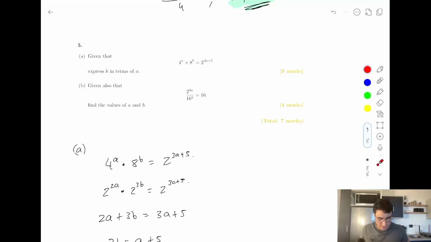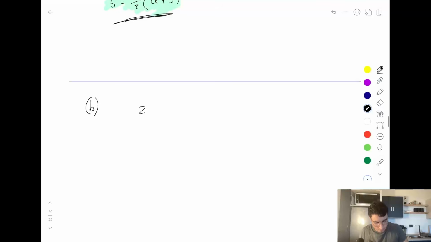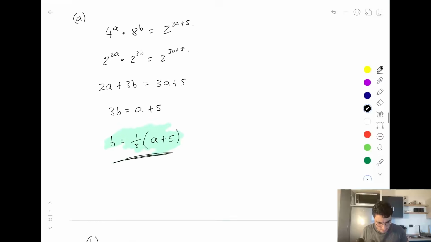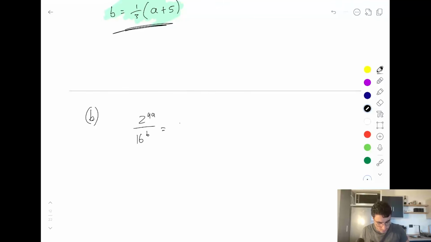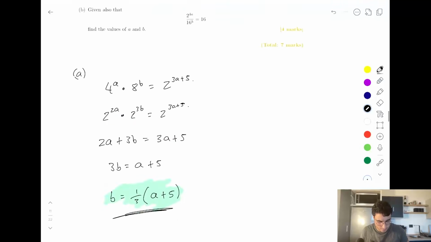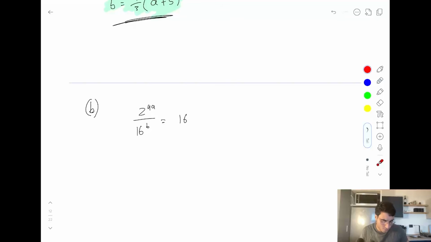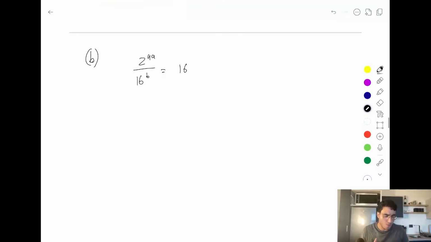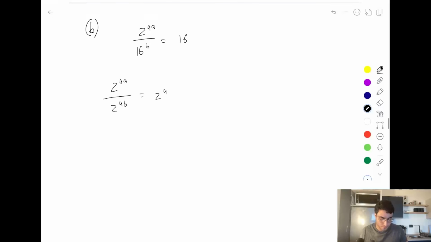So this is going to be similar to the one before, because 2 to the 4a, then we've got 16 to the b, is equal to 16. Similar to before, 16 can be represented in terms of 2. How? 2 to the 4a over 2 to the 4b, which equals 2 to the 4.